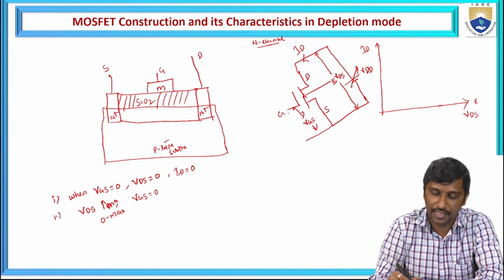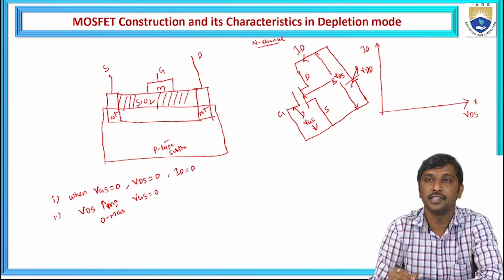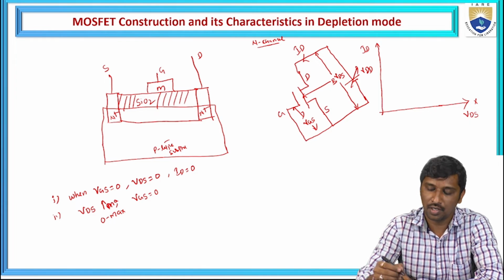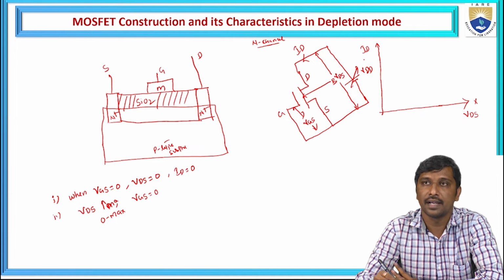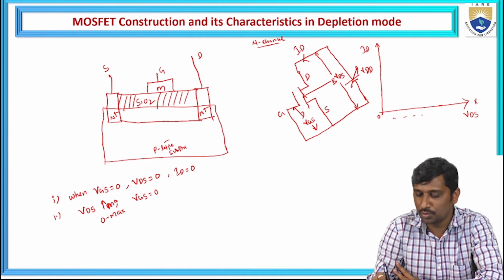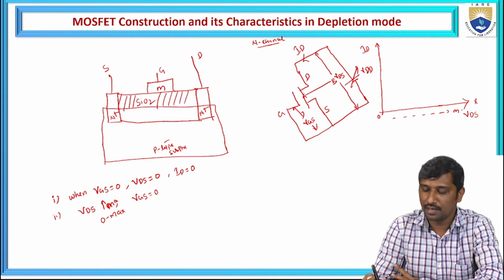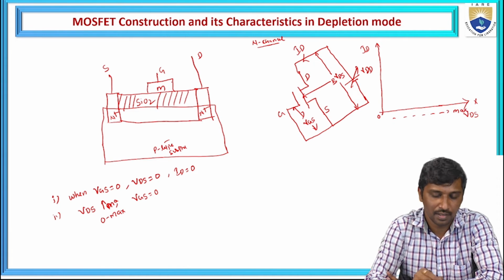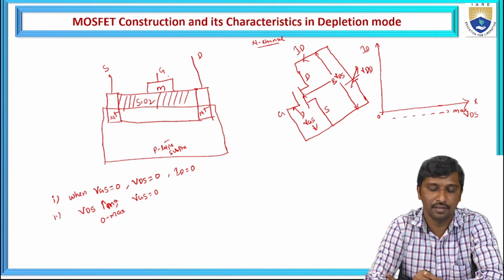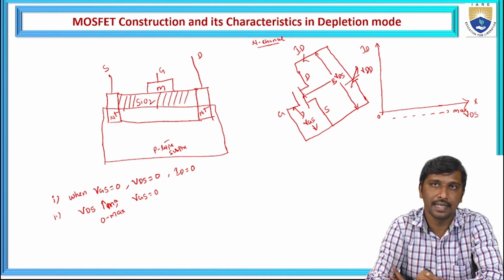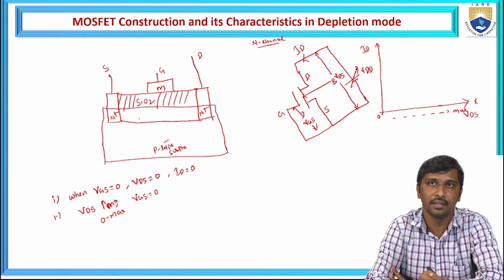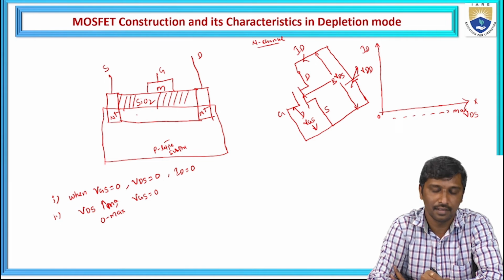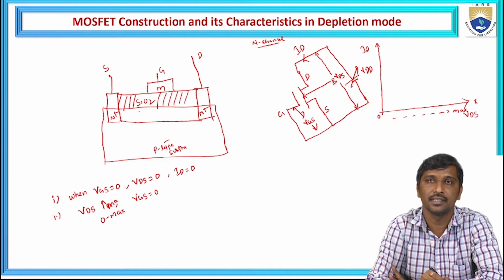The voltage across the gate and the source is 0, which is represented as a short circuit. Now we are varying this biasing voltage from 0 to maximum when VGS is 0. If we are not applying any electric field between the gate and the source, it does not affect the potential energy on the channel. This is the channel, and it has the maximum area created while constructing this MOSFET.